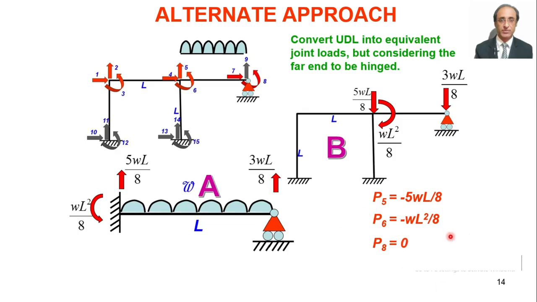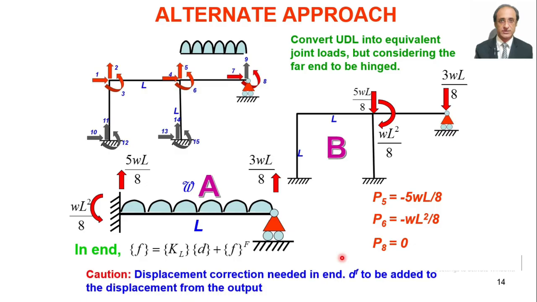Now after we complete everything, in the end we have to do this kind of force correction. But is there any other thing that we need to do here? Because we have now considered a different structure. Yes, we have to do displacement correction also. Why? Because when we do superposition, for this case A, the deformation of the member is like this.